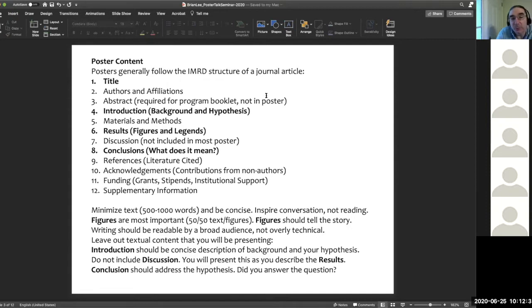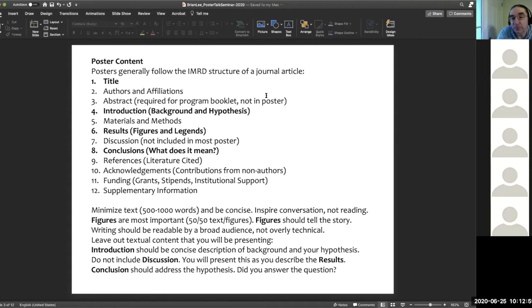You do have to prepare an abstract. If you're going to attend a scientific conference or a meeting, you're going to have to write an abstract that gives a summary of your research, including the introduction, the hypothesis, highlighting some of the results and conclusions. But the abstract will not normally appear on the poster.